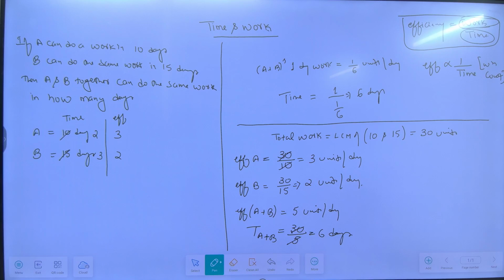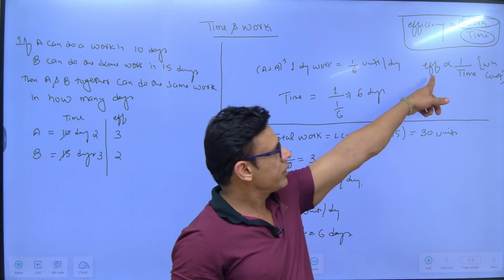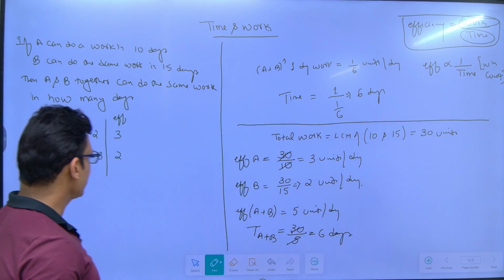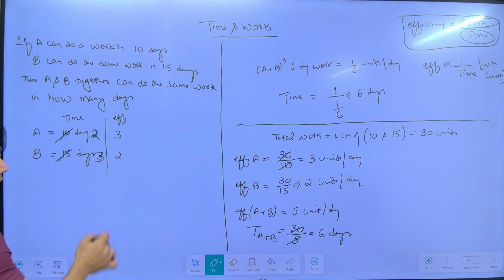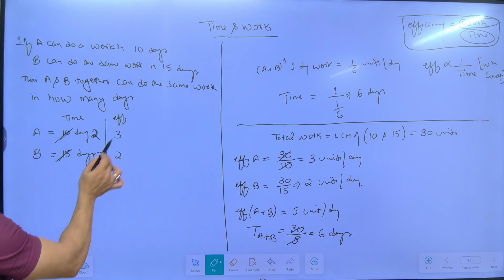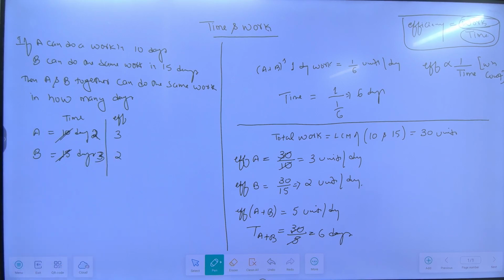See? Inversely proportional. Efficiency is inversely proportional to time. You cancel it. 5 2s are 10, 5 3s are 15. 2 is to 3. This will go there, this will go here because they are inversely proportional.